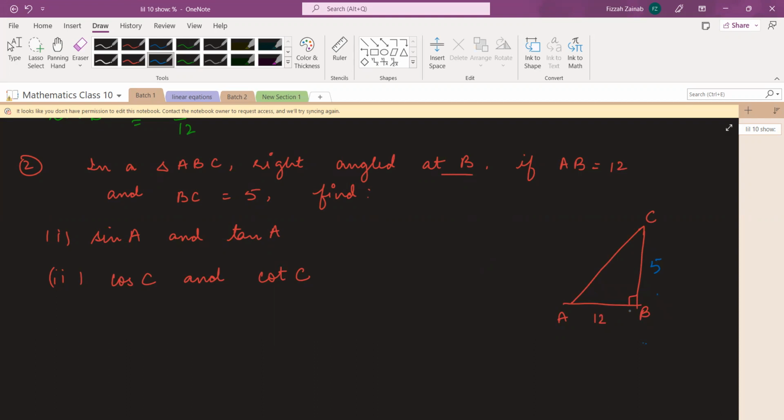First of all, what will you do here? We need to find AC. Very good. So first step is to find AC because you need all the three sides for trigonometric ratio. How can we find it? We can use Pythagoras theorem, because it's a right angle triangle. Now quickly find and tell me how much is AC.